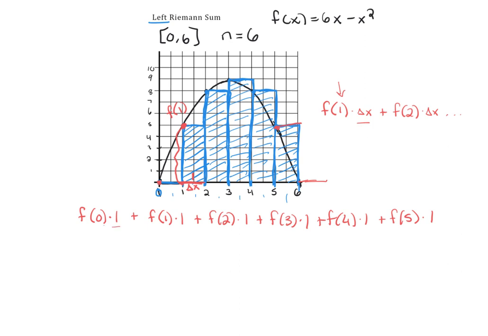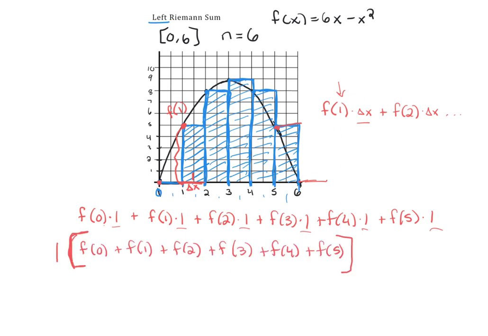If they all have this change in x, I can factor that out. In this case, it's silly because it is just 1, but I just want you to see the process. So we factored out the change in x, and 0 to 6 was the interval, but it was a left Riemann sum. So we're starting with 0, but we're ending at 1 less than that.